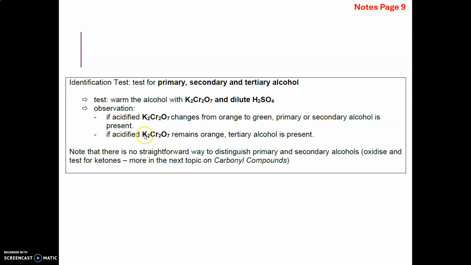But if the acidified K2Cr2O7 remains orange, we conclude that the alcohol is tertiary. Finally, please take note that this reaction cannot be used to distinguish between primary and secondary alcohols. To do so, we will need to oxidize the alcohol first and then test for ketones using reactions that we will learn more about in the next topic on carbonyl compounds.